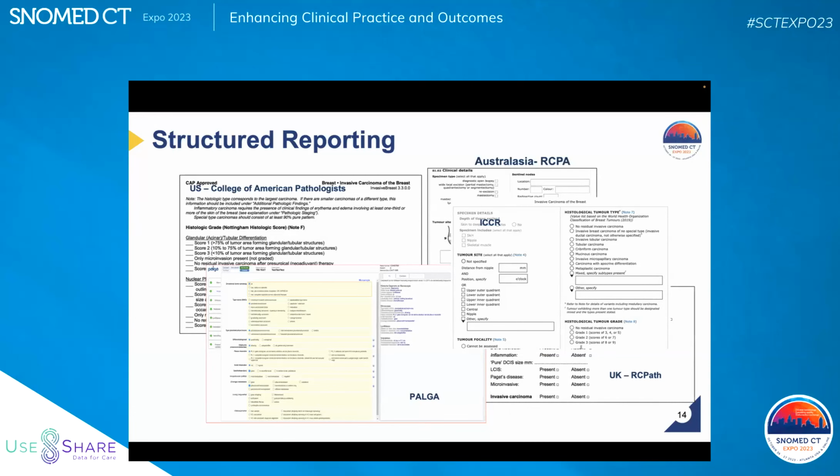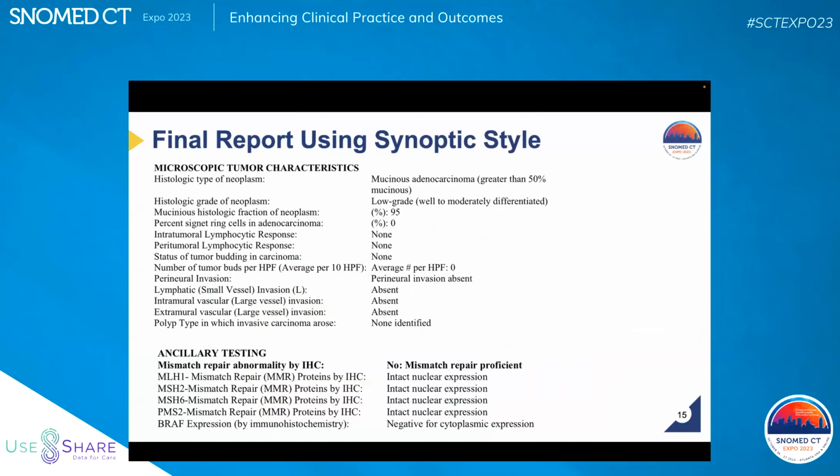So, there was all sorts of animation there. There we go. Ultimately, when we use these forms, the report starts to look like this. Very readable. Only the information that's necessary to treat the patient or determine the prognosis of the patient is present. It can include, as you see here, ancillary testing.